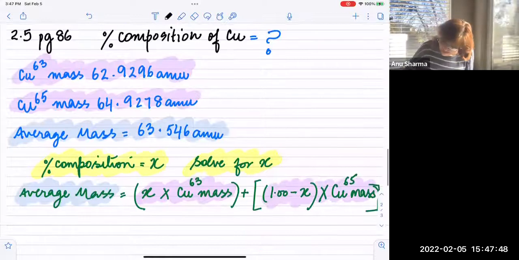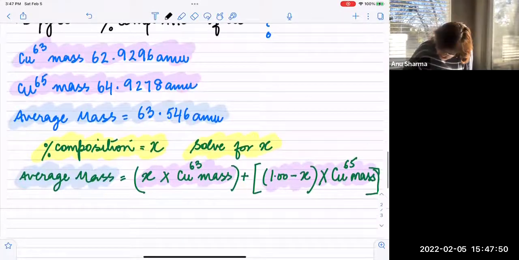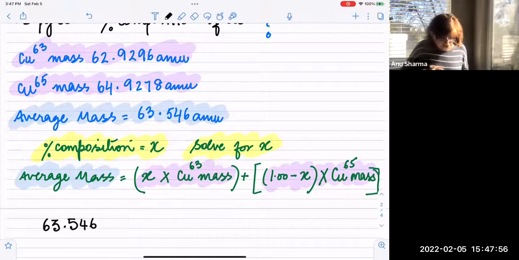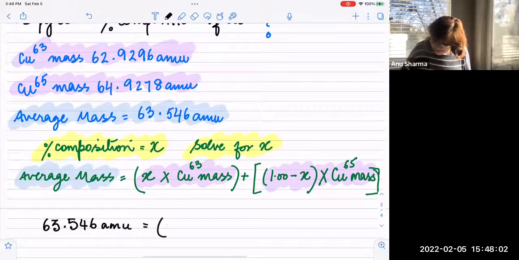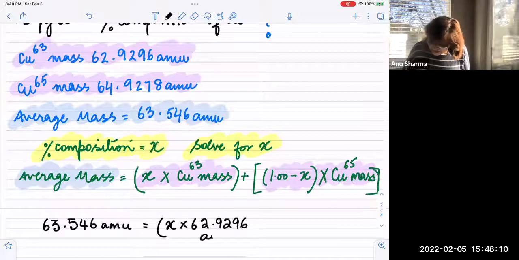The average mass given is 63.546 atomic mass units, always write the units, and that is equal to X multiplied by 62.9296 atomic mass units.